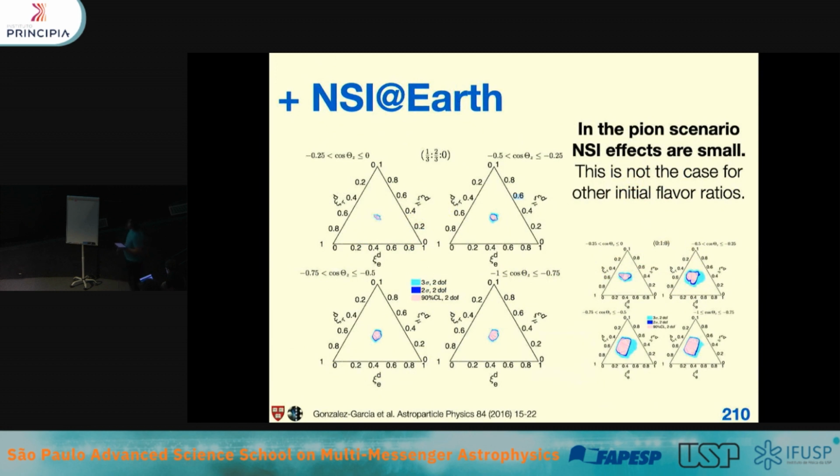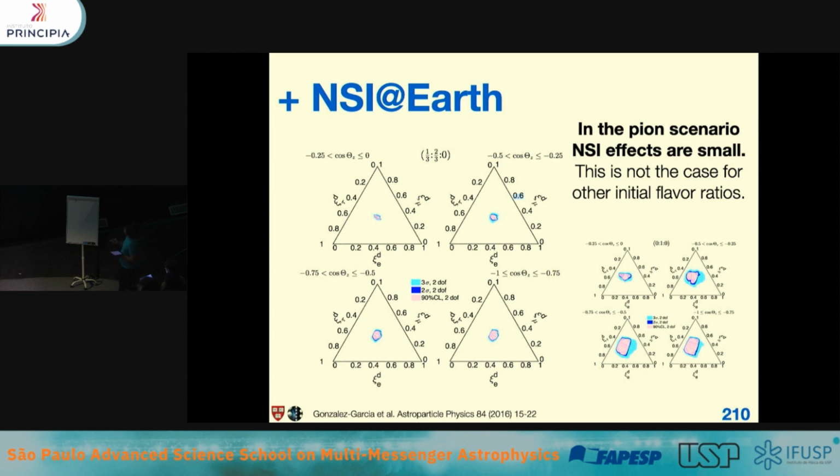Another thing that's kind of cute is that you can also have non-standard interactions in the planet. That means that when neutrinos are going through the Earth, they could have interactions that are no longer flavor diagonal, and that's going to modify the allowed flavor transitions. Those effects tend to be small in most cases, especially in the pion-dominated scenarios.